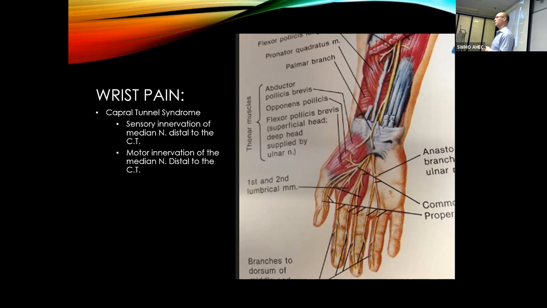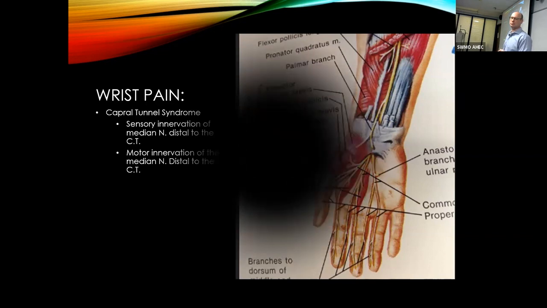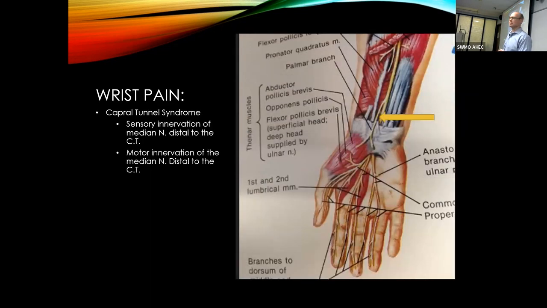Yep. Where else? And where else? That's the palmar branch of the ulnar nerve, or the median nerve that comes off before the carpal tunnel, which means they should have normal sensation in their palm. Now, that's not something they're going to tell you.